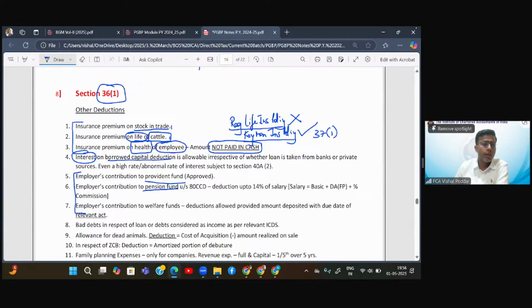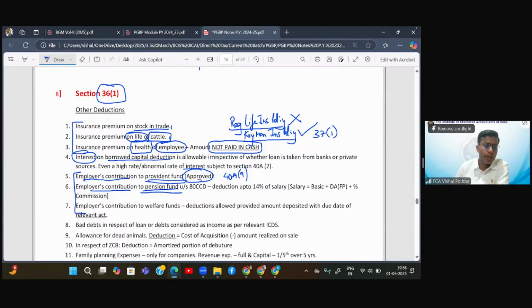Where you are contributing to any of these funds, what is important is that these funds should be approved. So deduction only to approved funds is allowed. Unapproved funds is not allowed. This we studied even in section 40A(9). Your contribution to any of these approved funds is allowed as deduction.